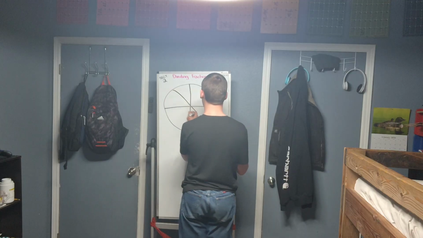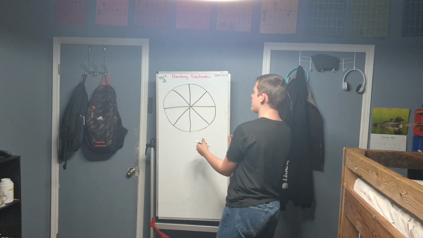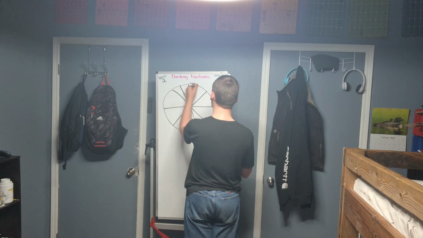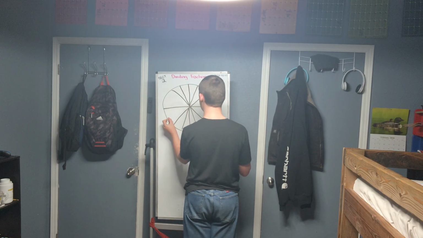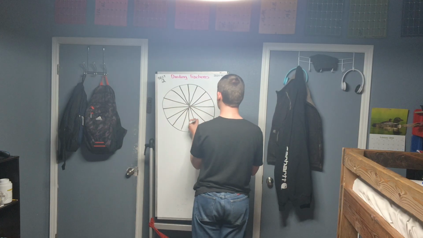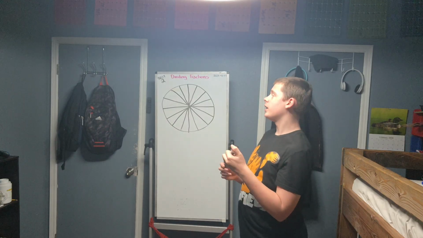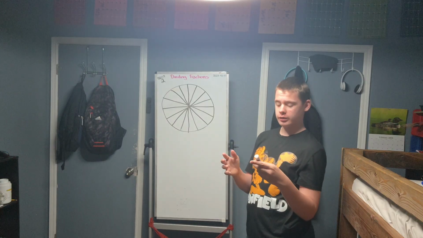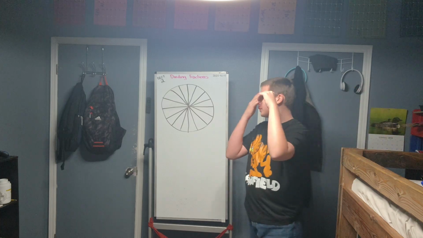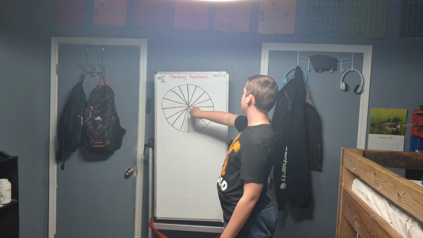If I cut each quarter in half, that would be an eighth. But what happens if I divide every eighth? It would be 1/16.